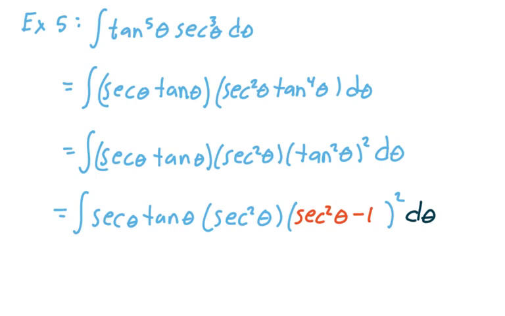Now, I'm going to let u equal secant theta, because I just happen to know that the derivative of secant theta is secant theta tangent theta. And that's present right here. So du is secant theta tangent theta d theta.